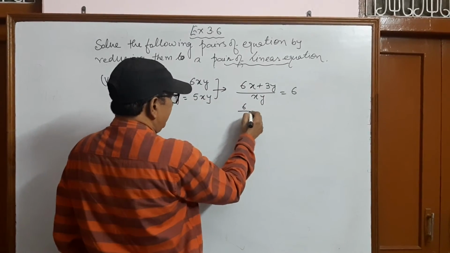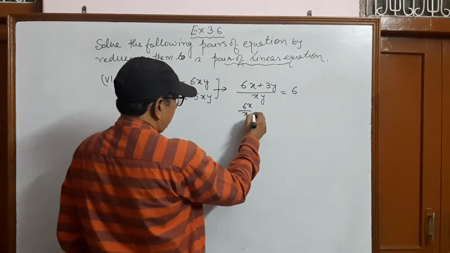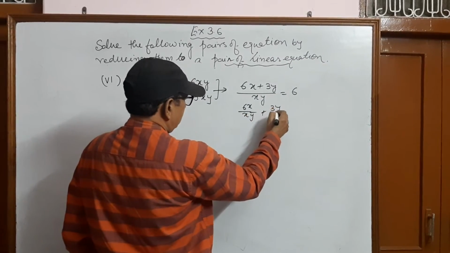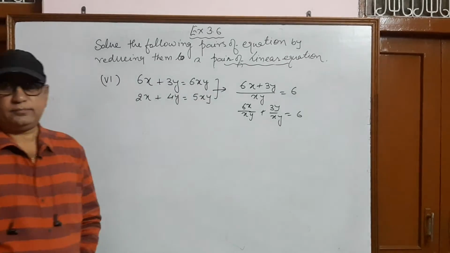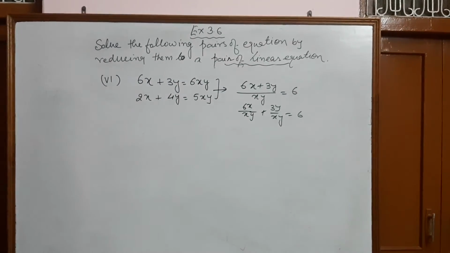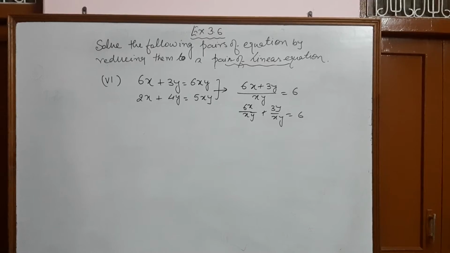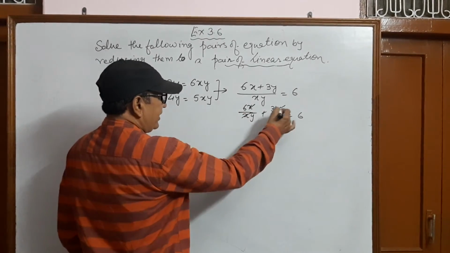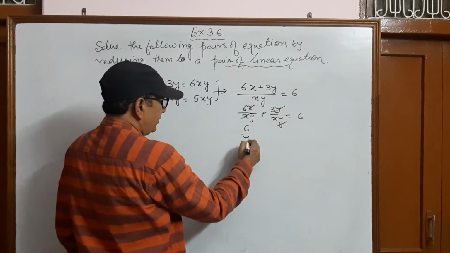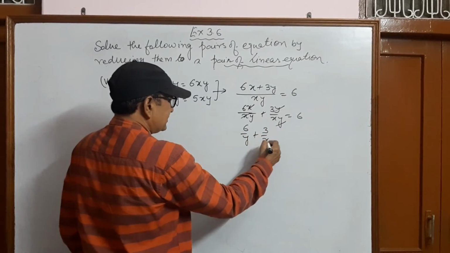Now take it separately. Divide separately, then x has gone and y has gone. 6 upon y plus 3 upon x equal to 6.